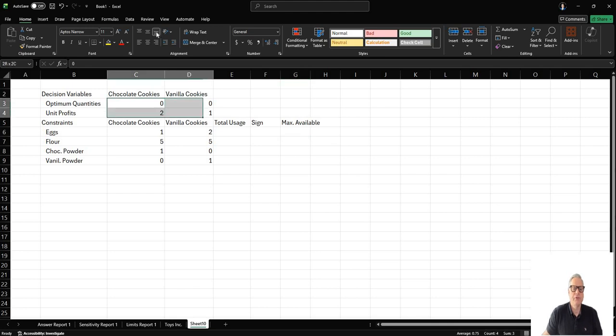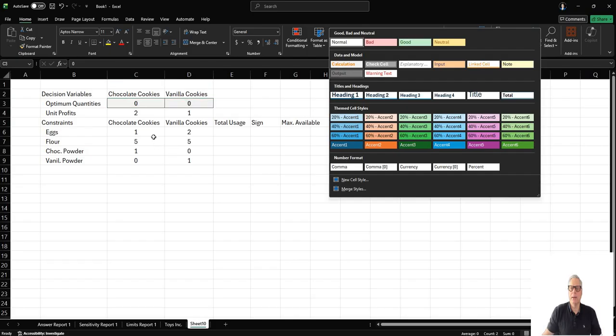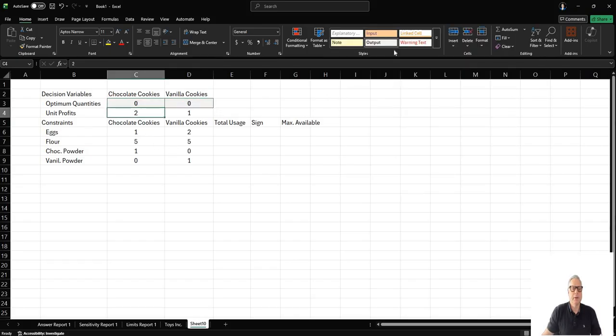Okay, so let's start on some formatting issues so that it looks nice. So the optimum quantities, that will be an output by Excel. The unit profits, that is something that we need to input, and the production coefficients is something that we need to input as well.